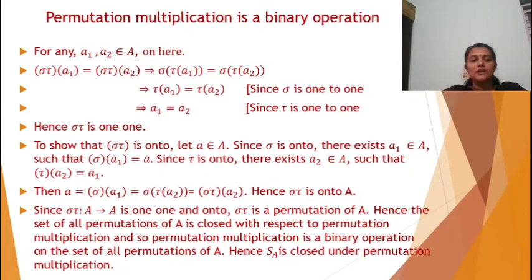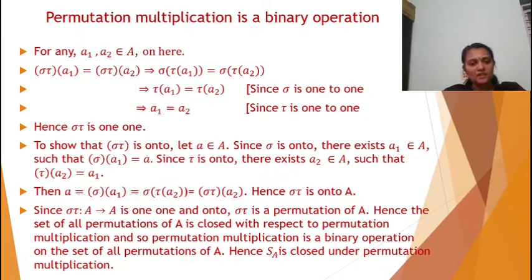Now A is equal to sigma of A1, which is equal to sigma of tau of A2, which is sigma tau of A2. So we got a pre-image for A. So sigma tau is onto. So sigma tau is a 1-1 and onto function, so it's a permutation of A.